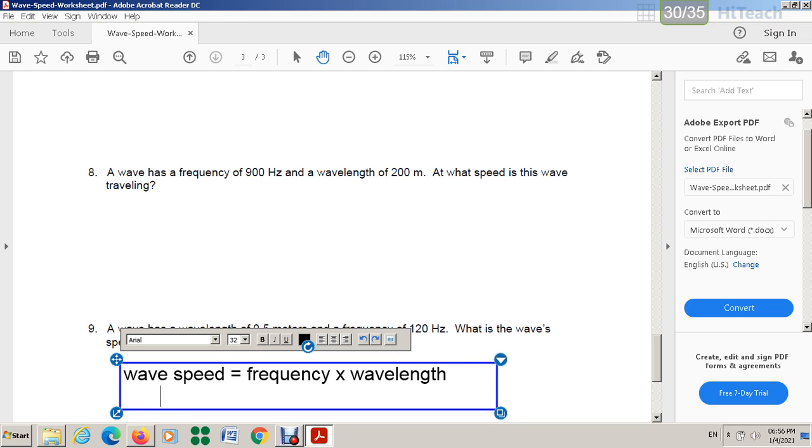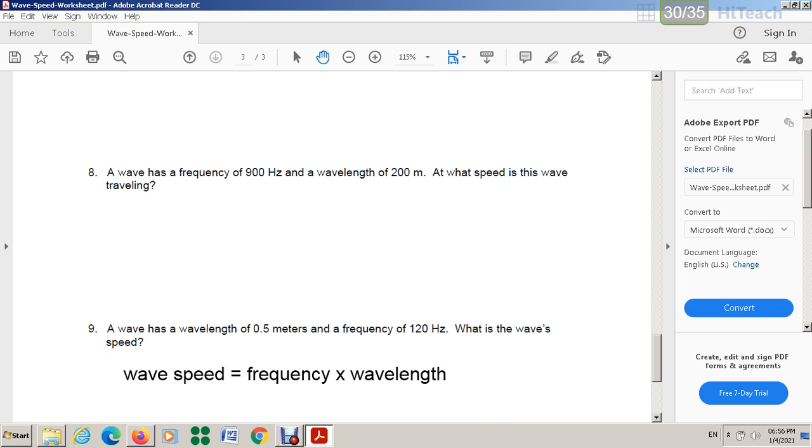So if I write the numbers, the frequency here is 120 hertz times the wavelength, which is 0.5. So the answer is going to be 120 times 0.5, which is equal to 60 meter per second.